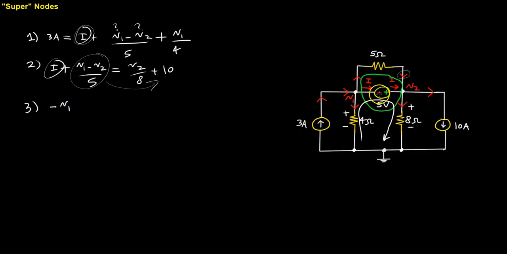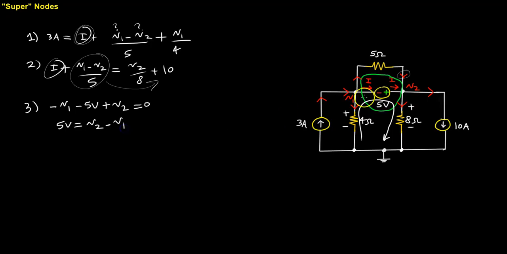Then I'm going to go up and see a negative 5 volts, and I'm going to go further and see a positive V2 here, and all of that is equal to 0. I take 5 to the other side and simplify, so I would get that 5 volts is equal to V2 minus V1.